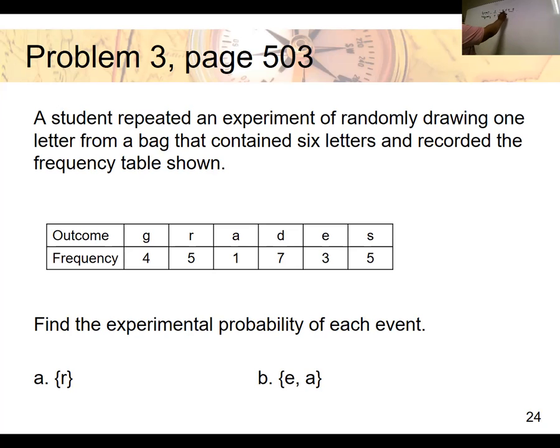D is 7, E is 3, and S is 5. And I'm going to find the experimental probability of each event, like in this one, of selecting an R out of the bag. And I'll go ahead and copy this one, E and A.